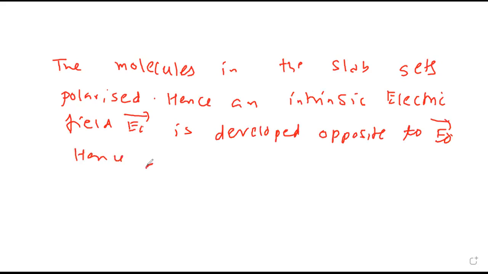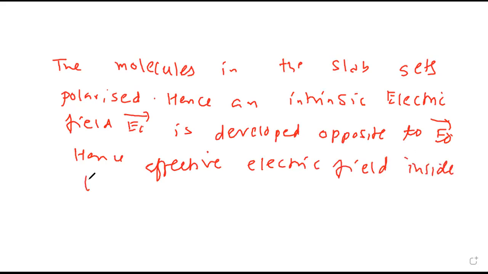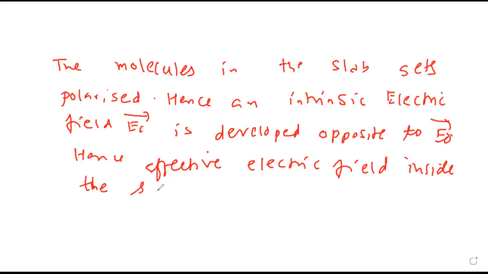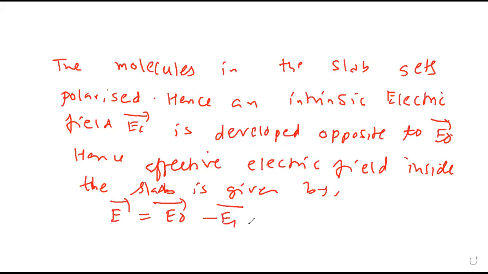Hence, the effective electric field inside the slab is given by E bar equals E naught bar minus EI bar. Copy.